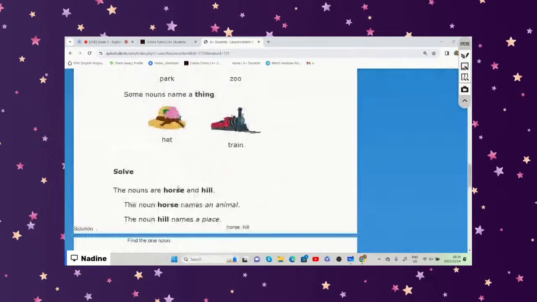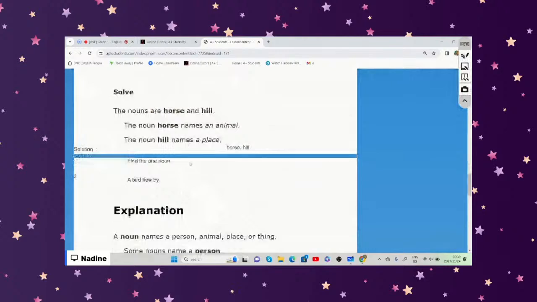So we identified the horse and we identified hill.